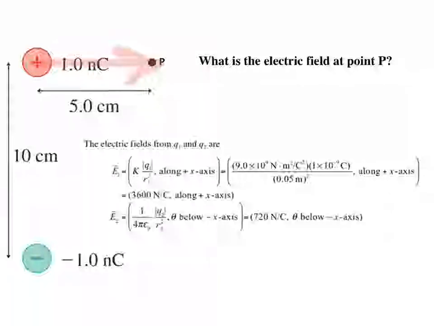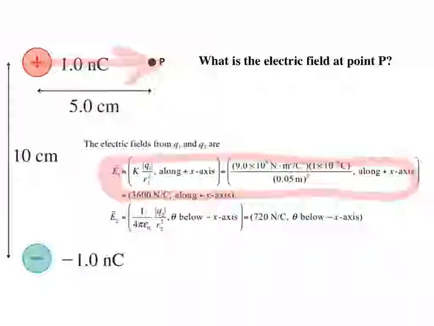The electric field at 1, same thing as before. Nothing new to say about that one. All right. And the magnitude of E2 is still going to be the same. All right. And instead of putting a sign on it, we're going to use English. Okay. It's 720 newtons per coulomb below the x-axis.